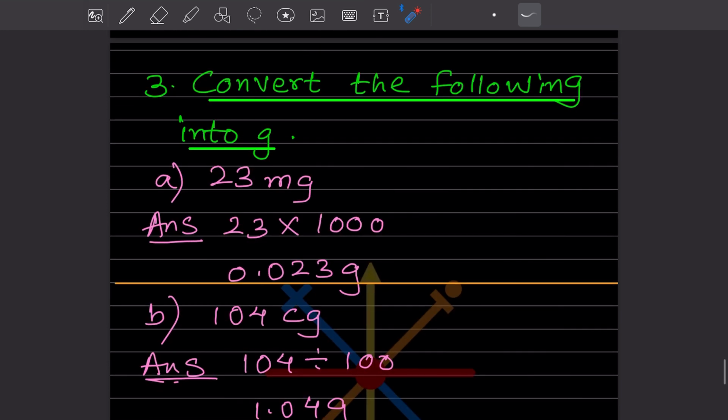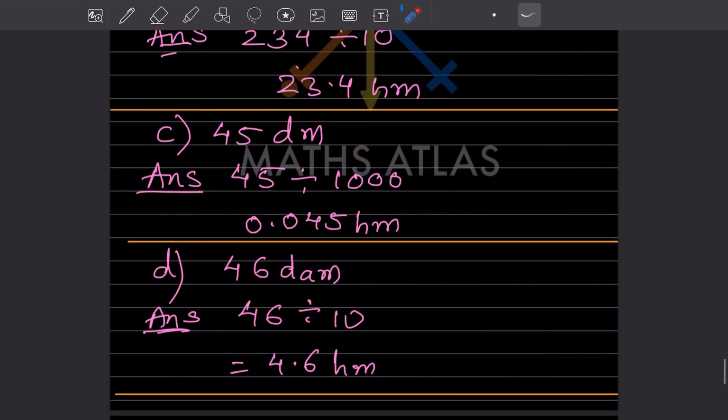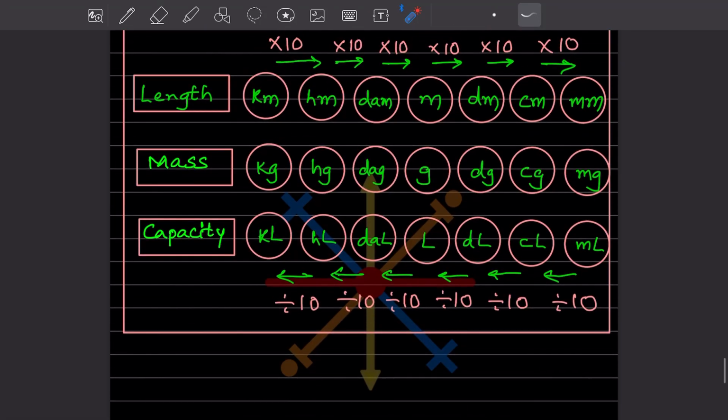Now you are going to convert the following into gram. So again, you look at that table. Whenever it is gram, from milligram to gram, you multiply by 1000. Sorry, this is actually from milligram to gram, so you are going to go in the reverse order.